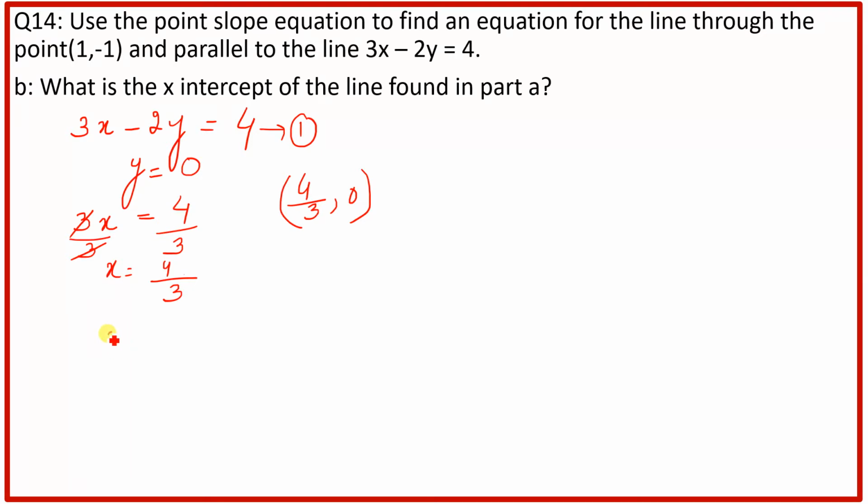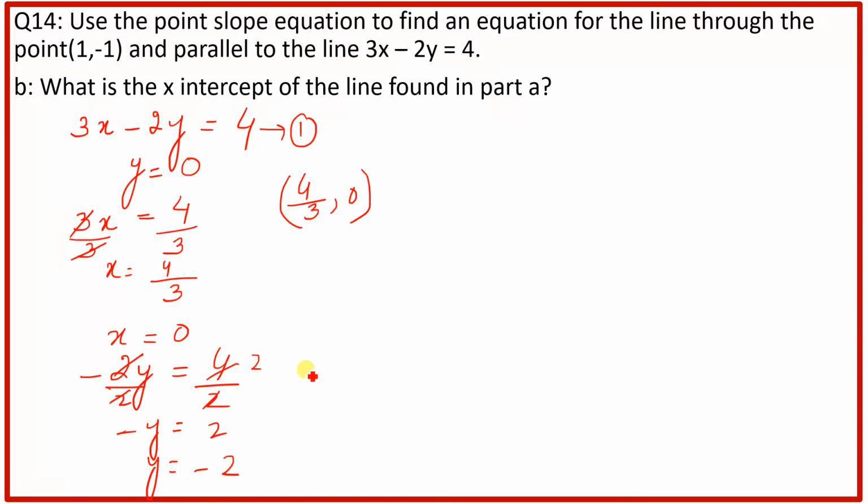Now we will put x equal to 0, so negative 2y is equal to 4. So negative y is equal to 2, or y is equal to negative 2. So the second solution set is x is 0, y is negative 2.